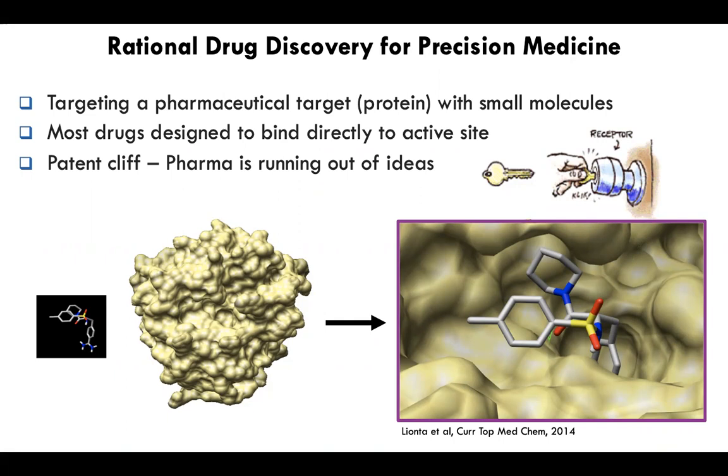Also, we have one or at most two active sites in the protein, which leads to ideas falling short, coming through the patent cliff, where basically pharma is running out of ideas. As the patents expire, we need new technologies to start modulating old drug targets, but also drug targets that are currently considered undruggable.